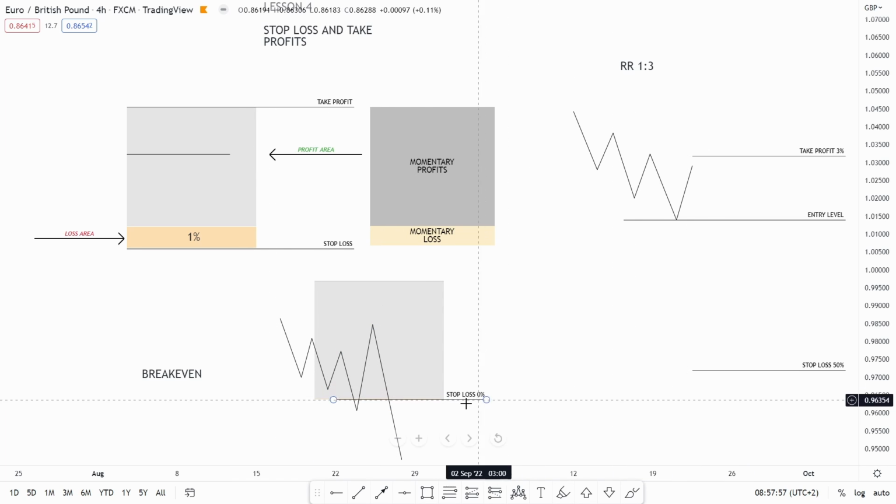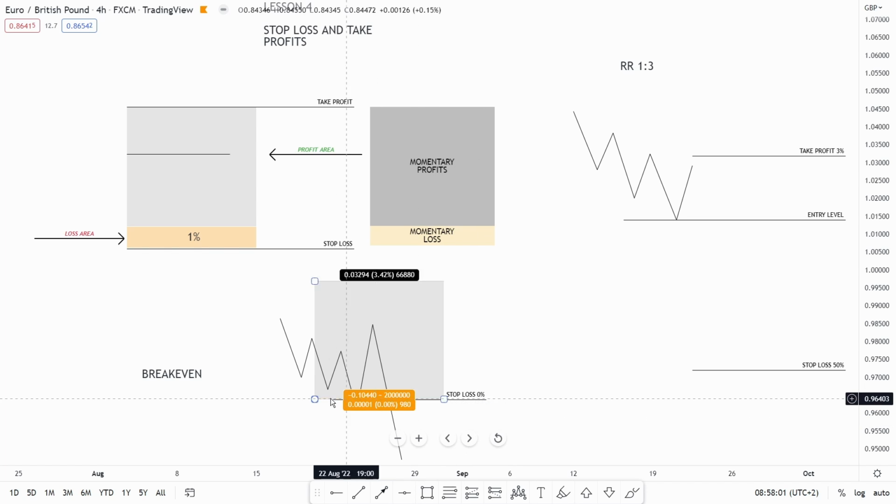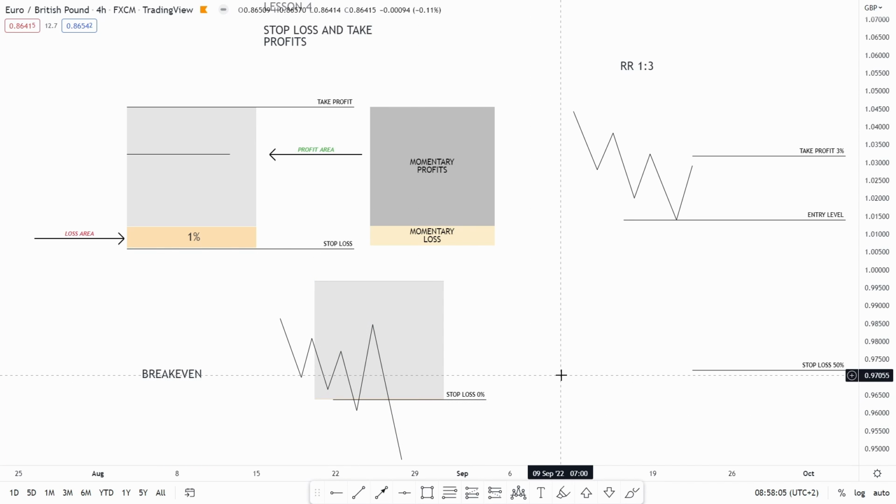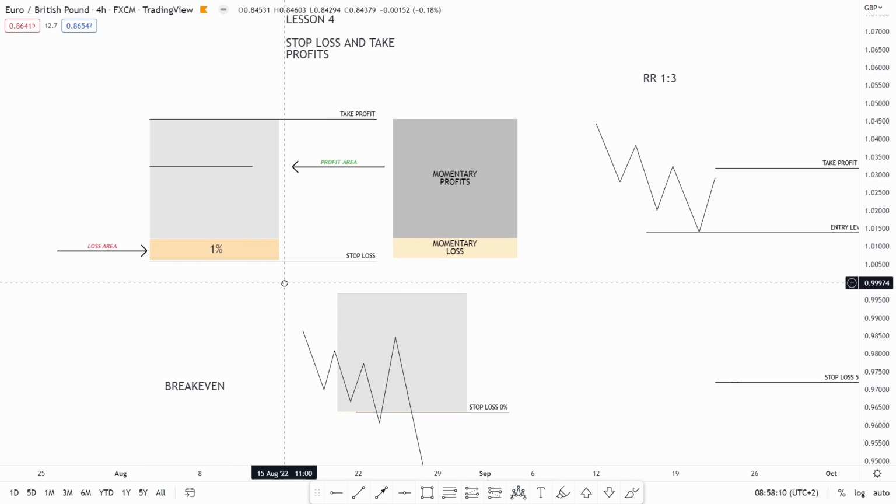Why? Because we took our stop loss and put it where we entered the position. So we are trading risk-free. Is it clear? I hope so.